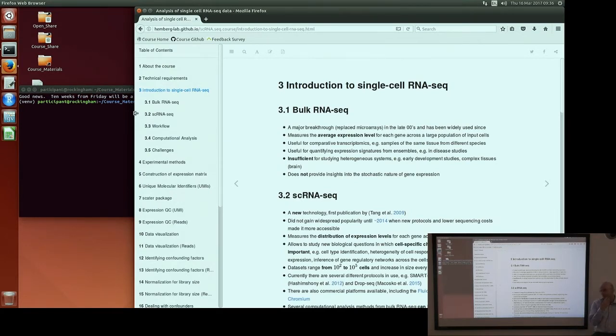We hope to be done around lunchtime tomorrow, maybe a little bit later. Then for tomorrow afternoon, if there is any time over, we will allow you to work on your own problems. We have a bunch of what we refer to as advanced exercises, which are open questions that we think are relevant to computational analysis. What people have done in the past is bring their own data sets.